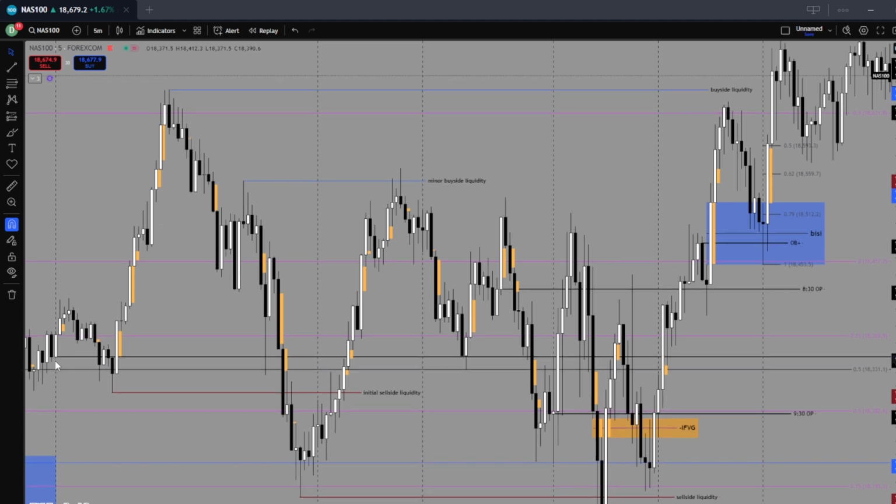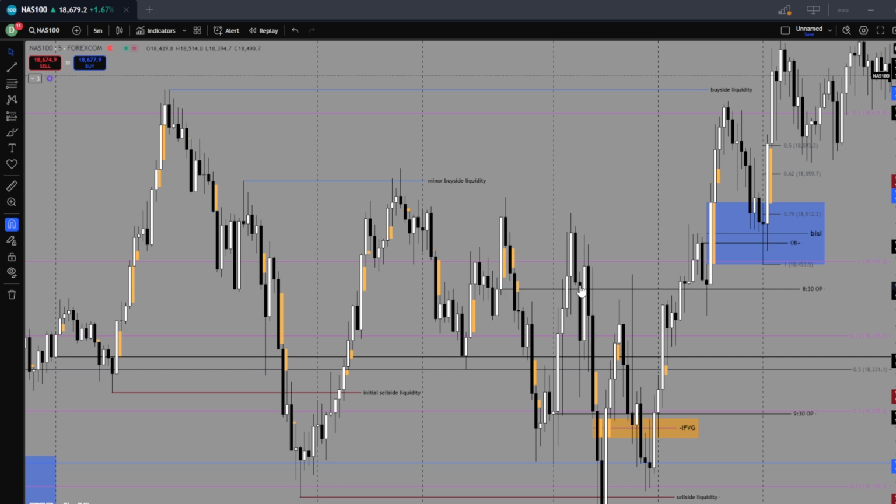I told you this 12 a.m. opening price is important. So just extend it throughout this session. This is the midnight opening price. Then second is the 8:30 open price. That is also very important because many times we have the high impact or medium impact news drivers at 8:30.